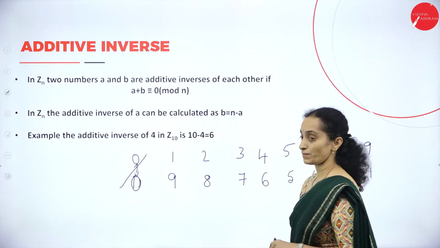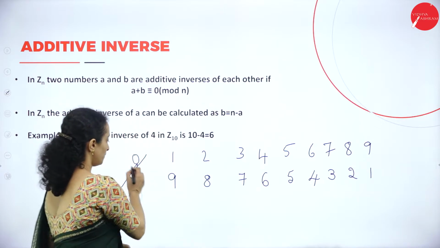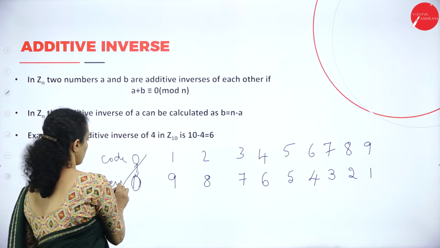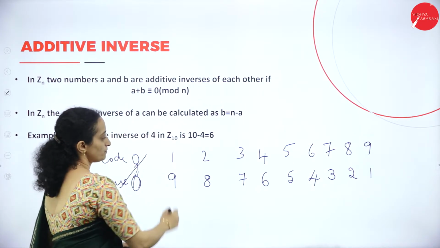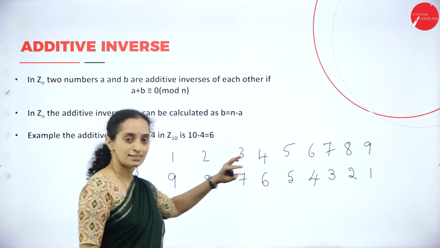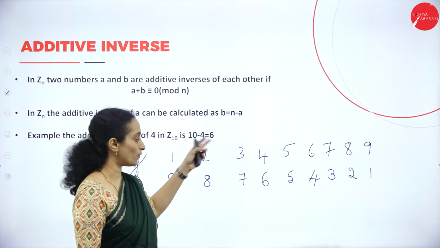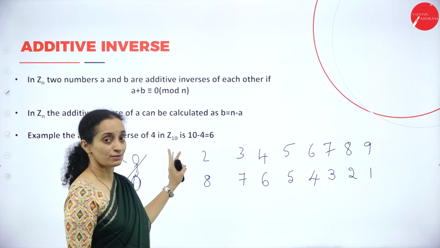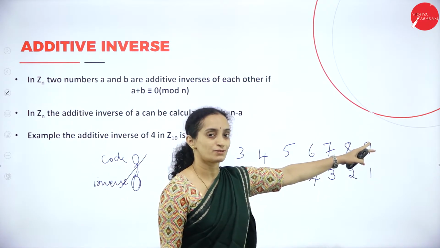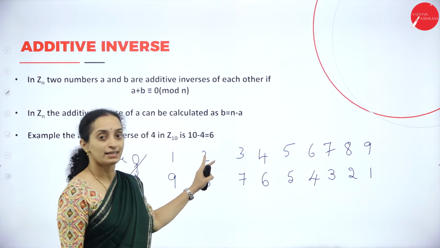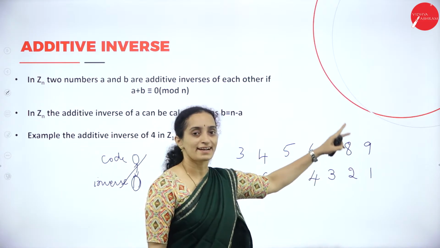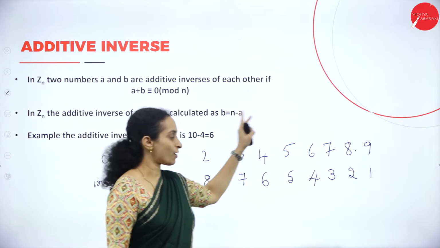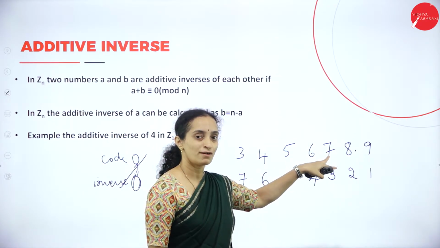So, this is the additive inverse. This is the code and this is the inverse. When you observe, both become the inverse as well as the encrypted code with the formula. 9 is the inverse of 1, whereas 1 is the additive inverse of 9. 8 is the additive inverse of 2, whereas 2 is the additive inverse of 8. 7 is the additive inverse of 3, and conversely 3 is the additive inverse of 7.